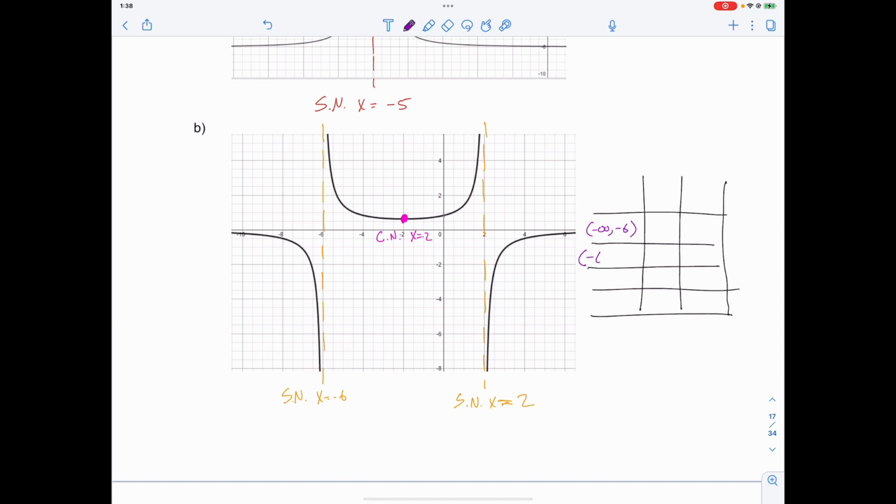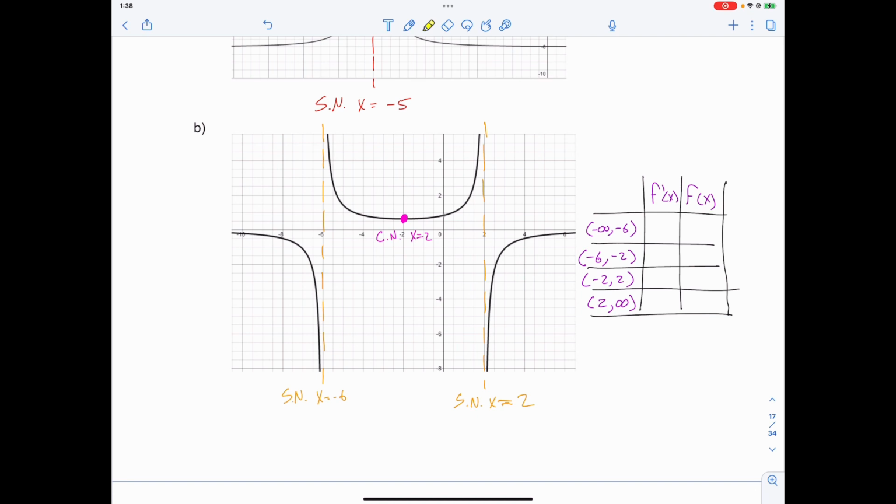When I go from negative 6 to negative 2, the significant number to critical number, negative 2 to positive 2, critical number to significant number, and then when it is above 2, and I can see what's happening for f prime of x and f of x.